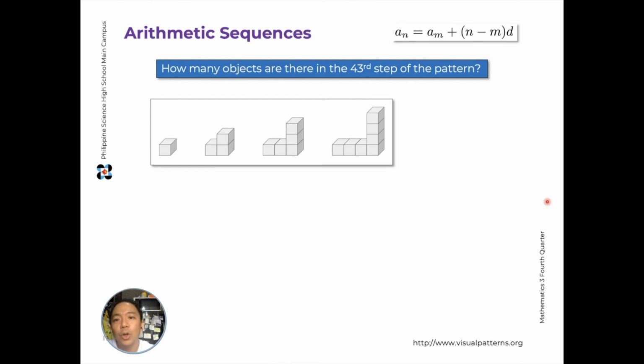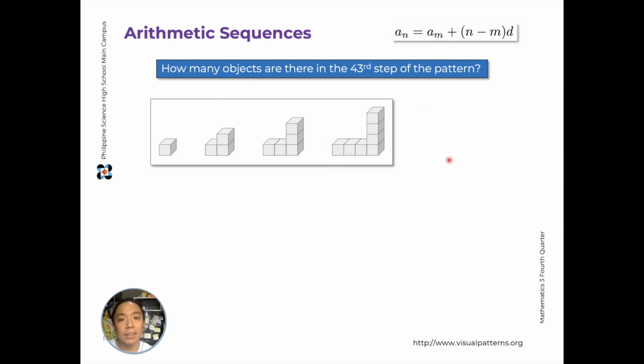Here we can see that we could also use arithmetic sequences to solve visual patterns. So in this case, what will be the 43rd step of this pattern? Ano ba yung pattern? Diba? Single block, nag-add ako ng 1, 2 blocks sa left at sa right to get to the next step. So we should be able to identify that the pattern is we're adding 2 every time to get to the next step.